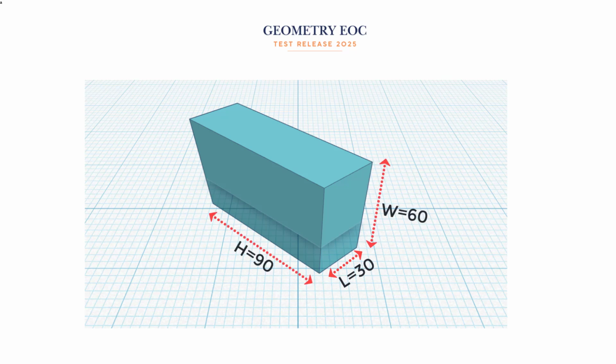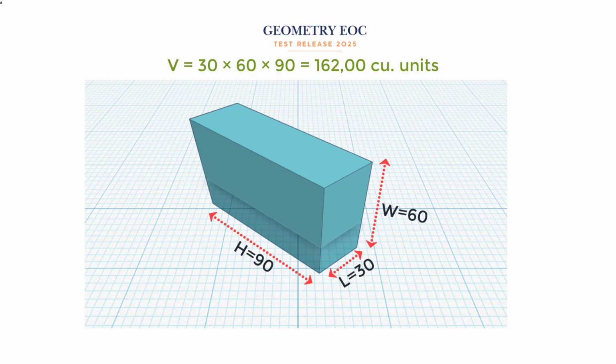If we multiply those together to find the volume, 30 times 60 times 90 equals 162,000 cubic units. So, 162,000 is our starting volume. We're going to use this number to help us clearly see what happens when we apply different scale factors.